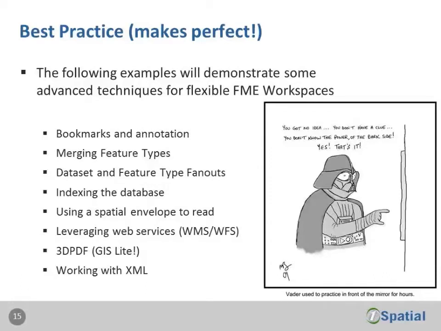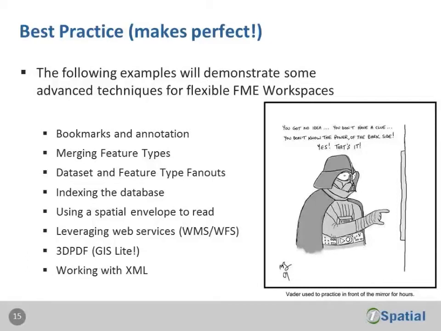One of the main things to put in place with your FME workspaces is to try and use a little bit of best practice to bookmark and annotate your workflows, so that users can understand in a few weeks or a few months' time exactly what you were trying to achieve in your workflow. Or even if you look at it yourself, you can understand what you've been doing.